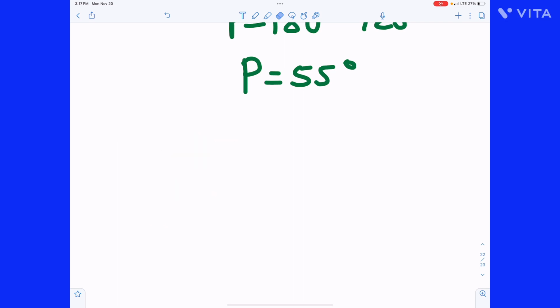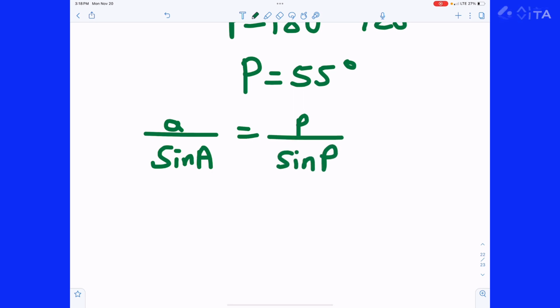Let's take it one by one. Let's find A first. A over sine A is P over sine P.